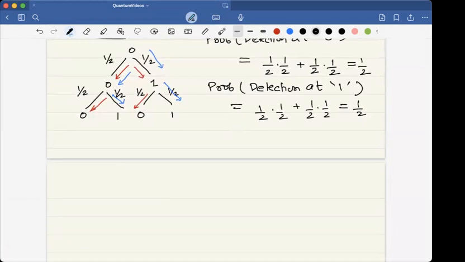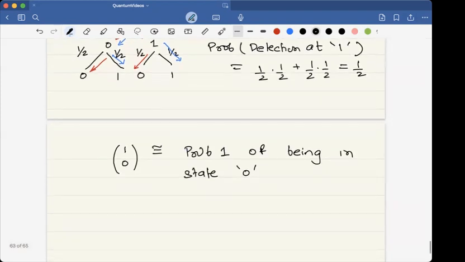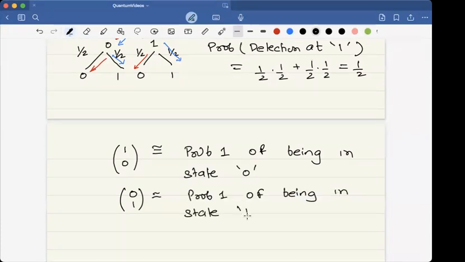One can describe this using a matrix. The initial probability distribution is the vector (1, 0), which is just the path being in state 0 with probability 1, and (0, 1) is having probability 1 of being in state 1.